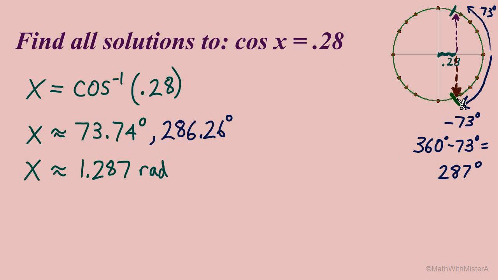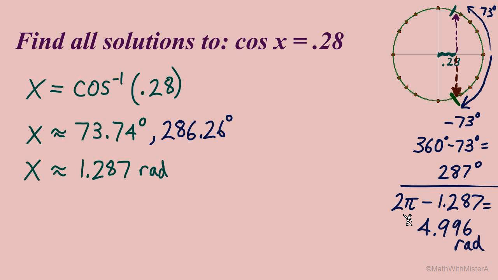What should I do if I'm working in radians? The locations are still the same. The only difference is I'm not thinking of my full rotation as 360 degrees, but how many radians? 2 pi radians. So from the 1.287 radians I found from the calculator, I'll think of that being a negative rotation backtracking from 2 pi, and this subtraction leaves us with approximately 4.996 radians.